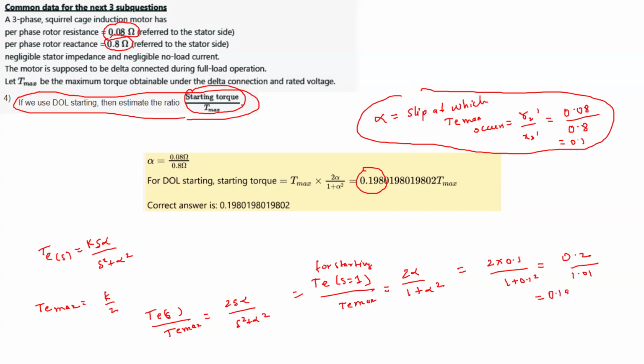So this is the ratio of the starting torque to the maximum torque under normal condition, where you are not using any starting method, which is the direct online starting. We have discussed this so many times. This was a very simple question.